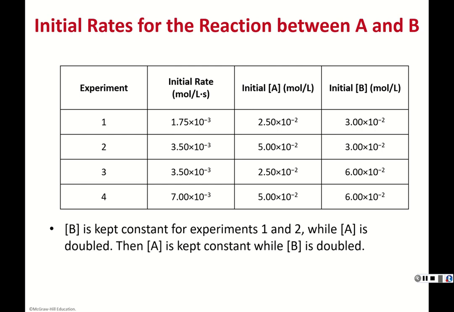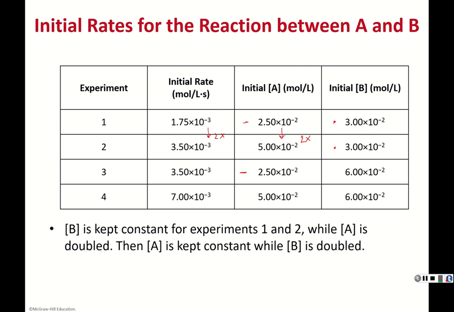Okay. So here's our data. We have experiment 1 and 2. We have kept B, the concentration of B, constant, and we see that A, the concentration of A, has doubled. So we've doubled the concentration of A, keeping B constant, and what did that do to the rate? It has doubled. Now let's compare the first and third.